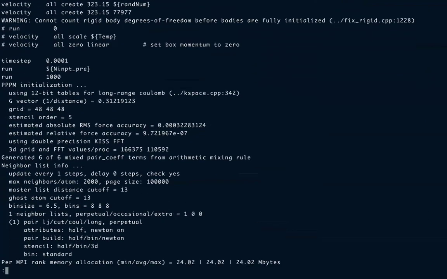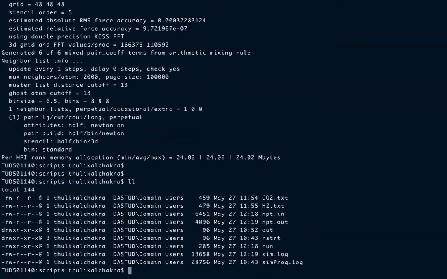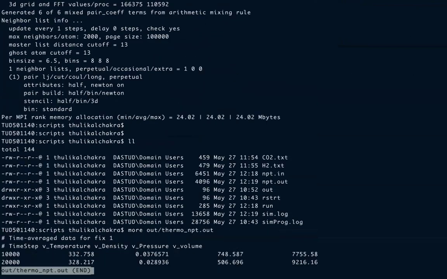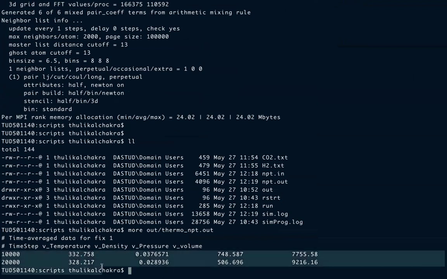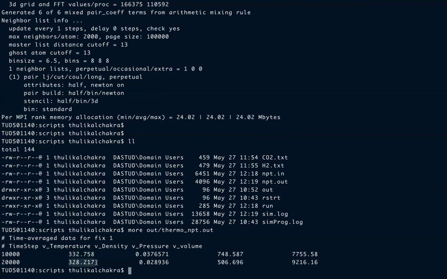All right, so now it's doing all the calculations. You can also have a look at thermo.npt.out. So you see that now you have the temperature, which is 332.758 Kelvin, and then you have 328.217 Kelvin.